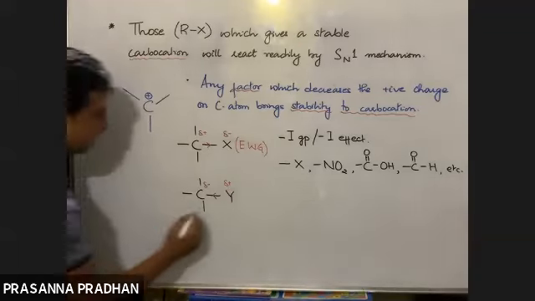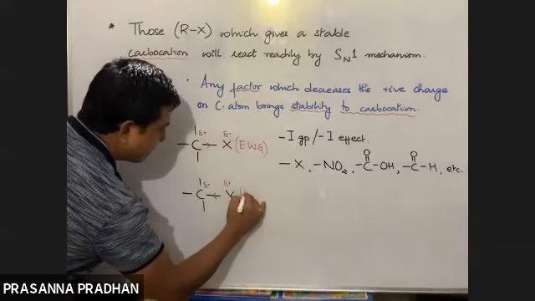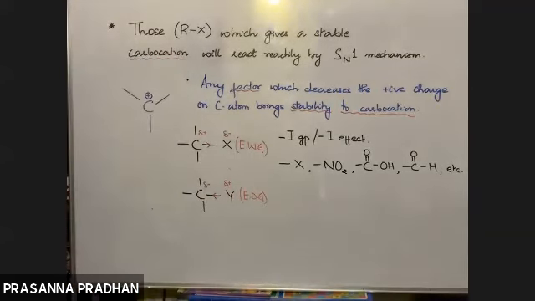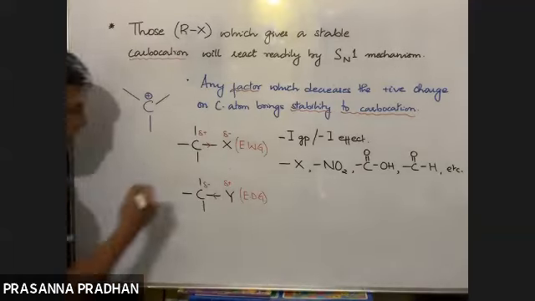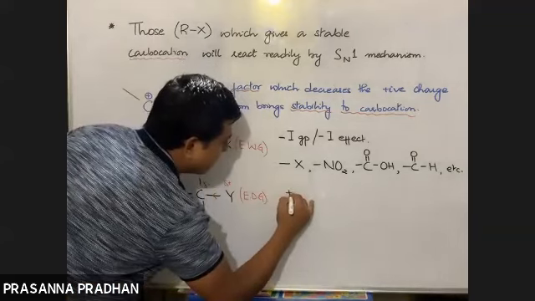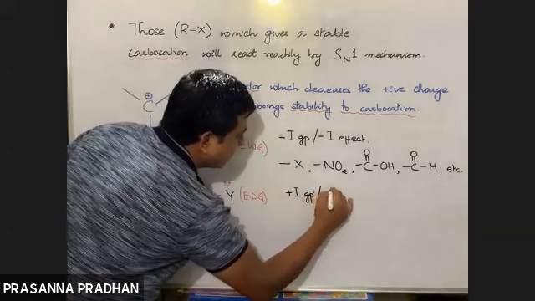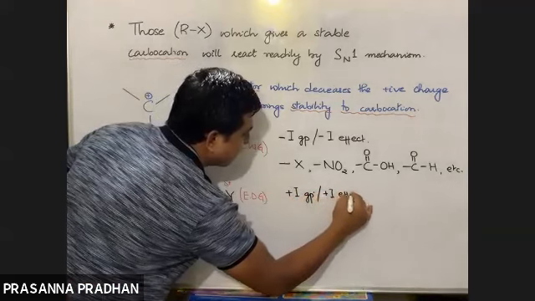These are electron donating groups, and they acquire a positive charge. That is why this type of groups are known as a plus I group, and the effect is known as a plus I effect.